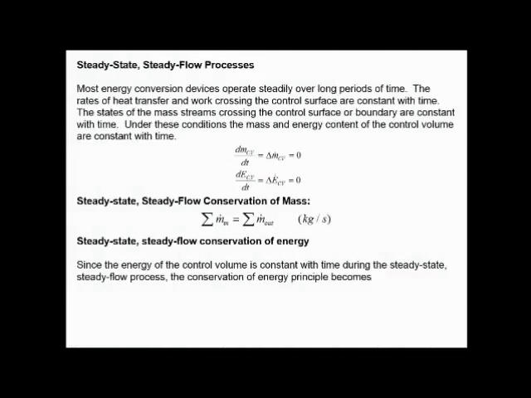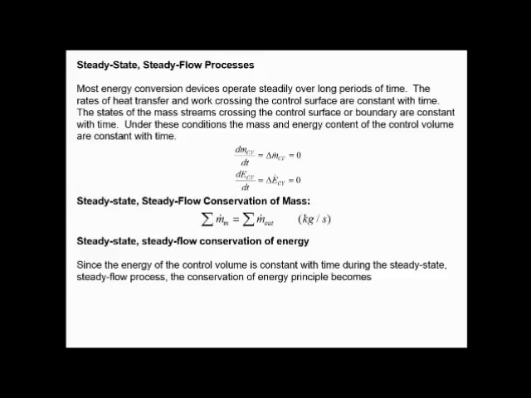Most energy conversion devices operate steadily over long periods of time. The rates of heat transfer and work crossing the control volume are constant with time. So under these conditions, the mass and energy content of the control volume are constant with time, like dm_CV by dt equals delta m_CV, and dE_CV by dt equals delta E_CV. So for steady state, steady flow, conservation of mass is the summation of all the masses going inside equals the summation of all the masses going outside.